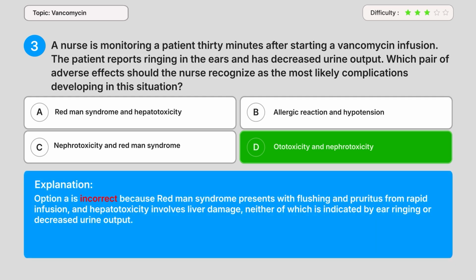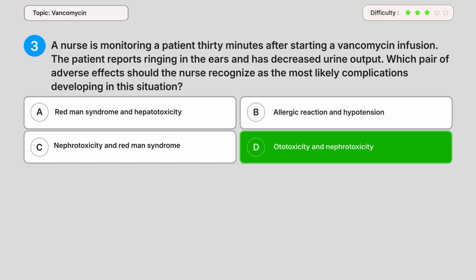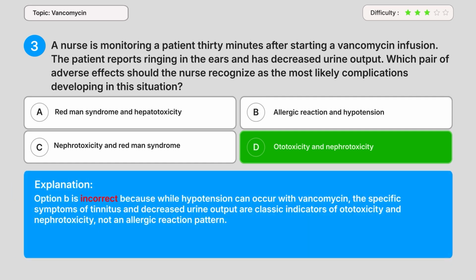Option A is incorrect because red man syndrome presents with flushing and pruritus from rapid infusion, and hepatotoxicity involves liver damage, neither of which is indicated by ear ringing or decreased urine output. Option B is incorrect because, while hypotension can occur with vancomycin, the specific symptoms of tinnitus and decreased urine output are classic indicators of ototoxicity and nephrotoxicity, not an allergic reaction pattern.